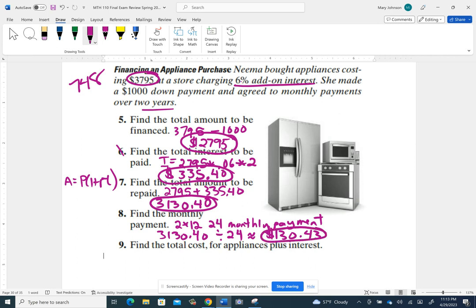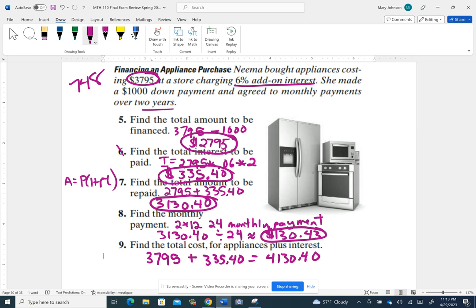So the total cost for the appliances, including the interest, you can do the original cost of the appliances plus the interest of $335.40. You can think of it that way. And that would be $4,130.40.